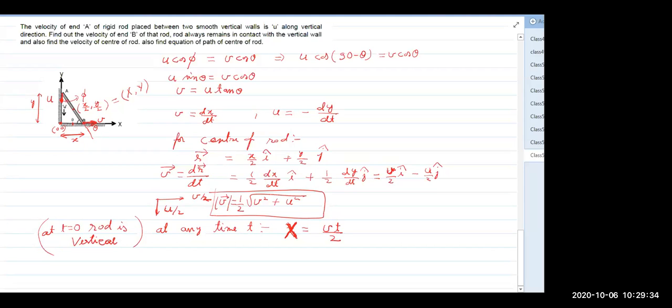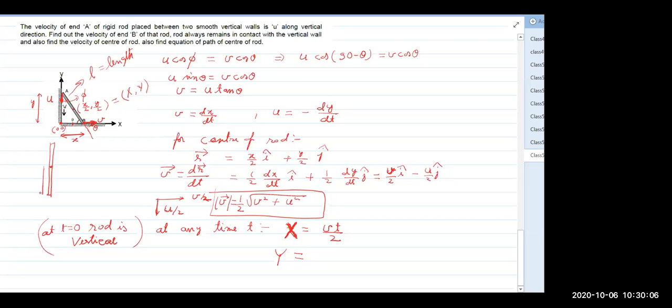Similarly, for y, what was the initial position? The center was here.